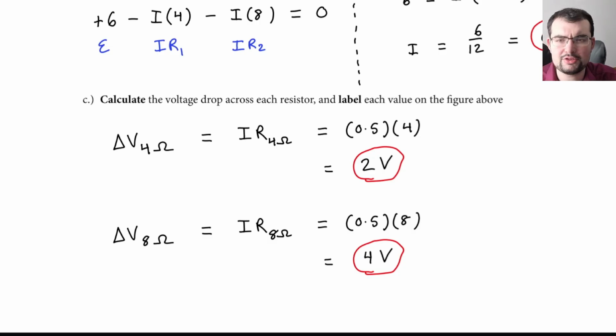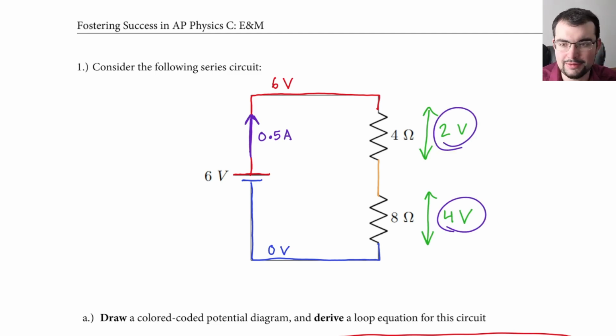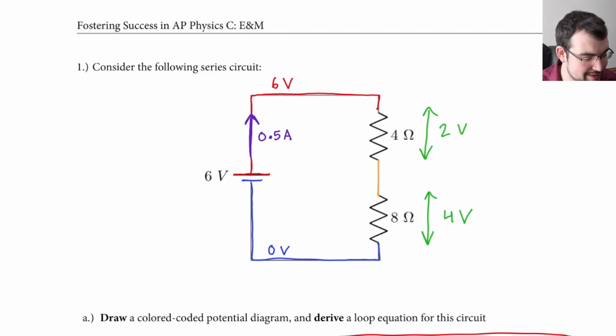Now's our opportunity to check that we did this correctly, because the current is the same. We are dropping 2 volts across the 4 ohm, and 4 volts across the 8 ohm. And look at that. If we add our drops of 2 and 4, we get to 6.